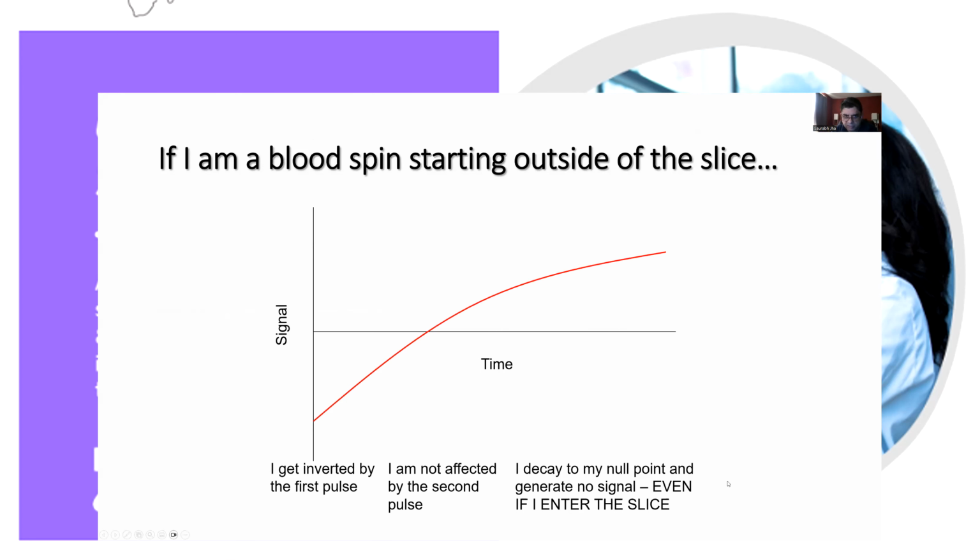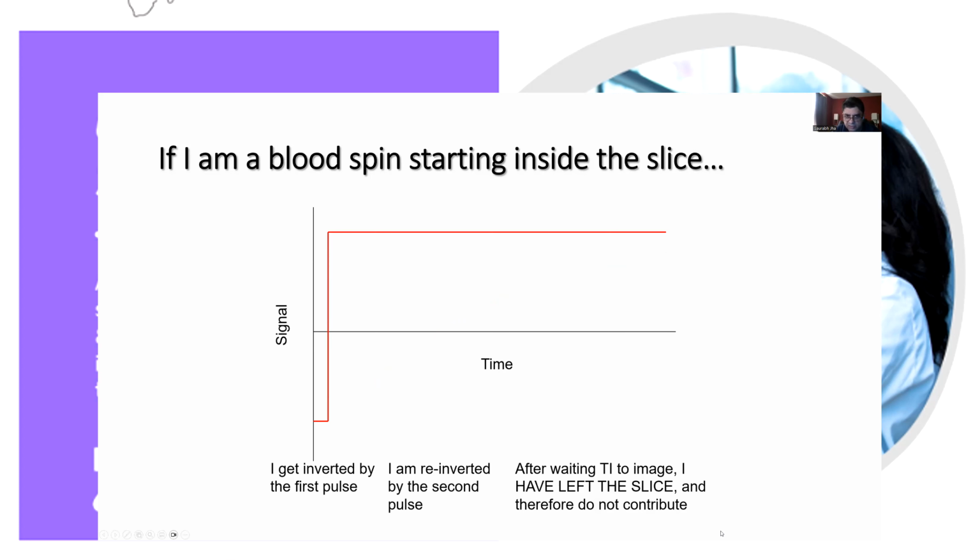So if you're a blood spin and you start outside the slice, you've been inverted. Therefore, when you enter the slice, you don't give signal, because the main pulse is done when you've got to the zero point. If you're a spin inside the slice, by the time you do the main pulse, you've left the slice.